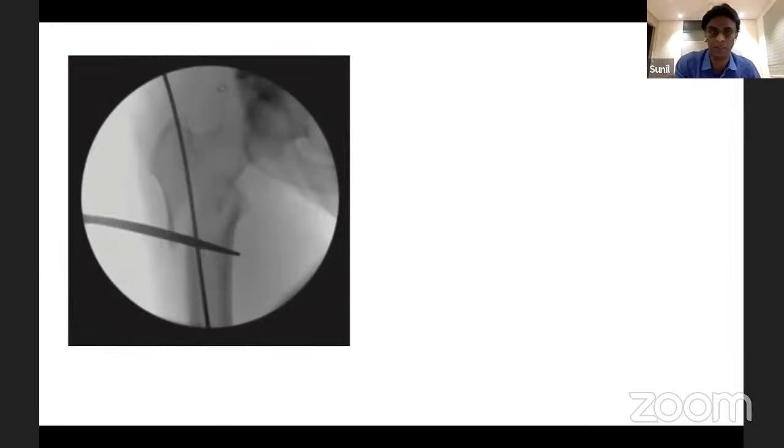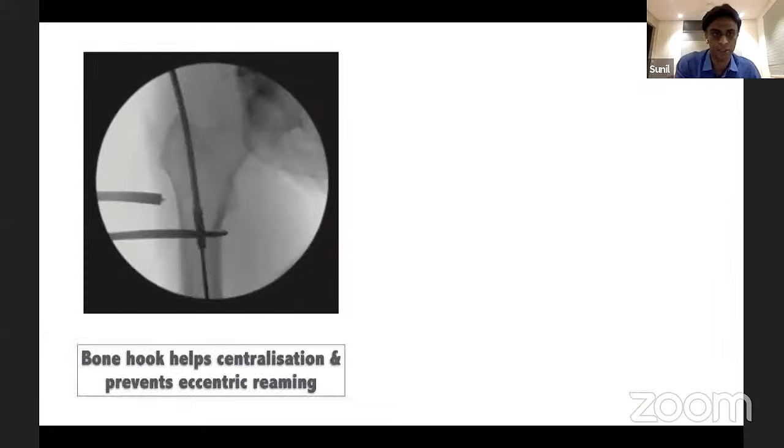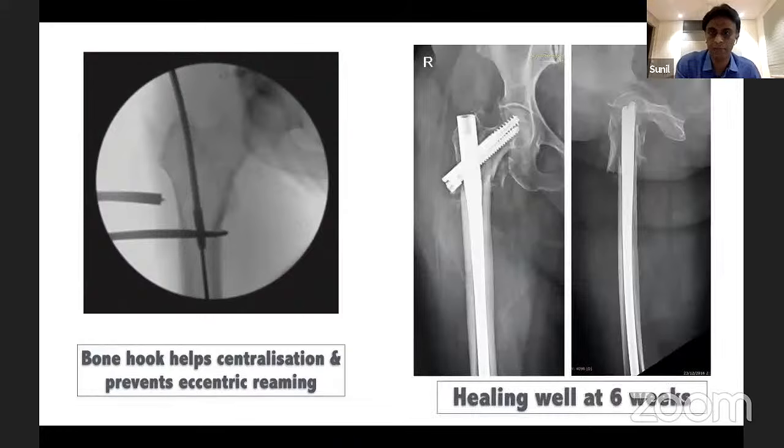It's a very simple instrument that's available to everybody. Use a bone hook to correct it, and simultaneously, if required, use a ball spike pusher in the sagittal plane to control your reduction. Then start your entry, ream it concentrically, put your nail in, and you can see it heals well at 6 weeks.